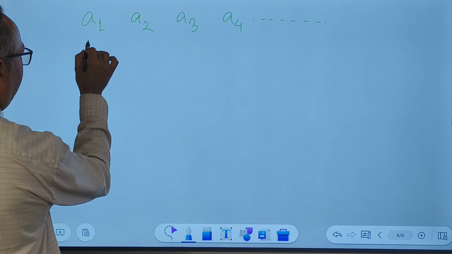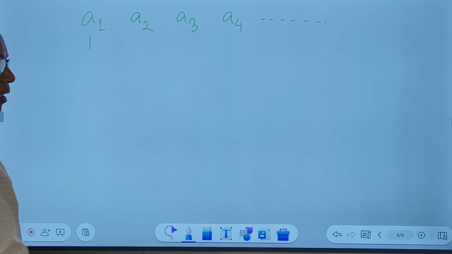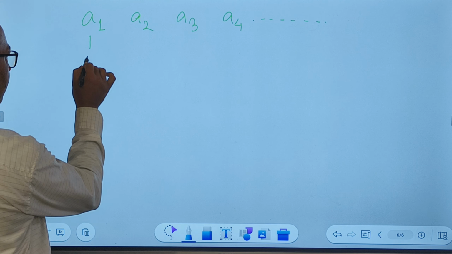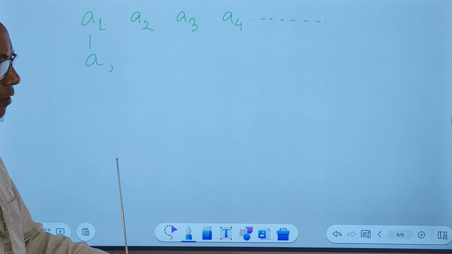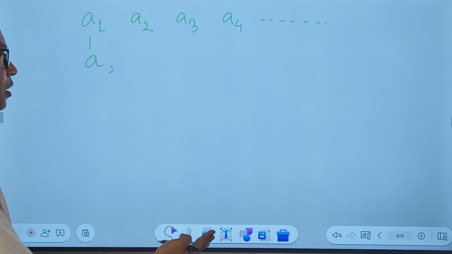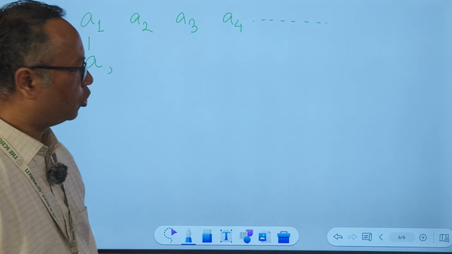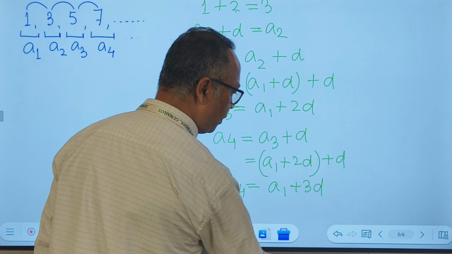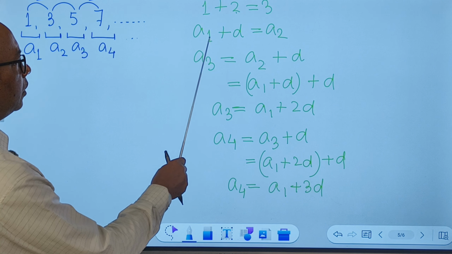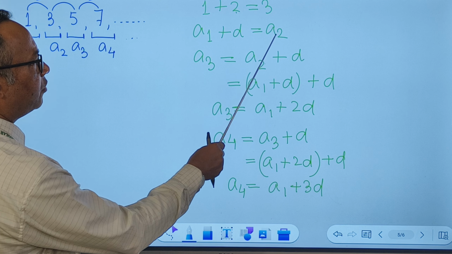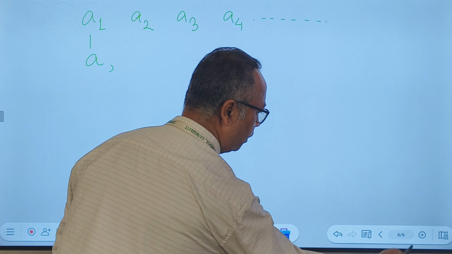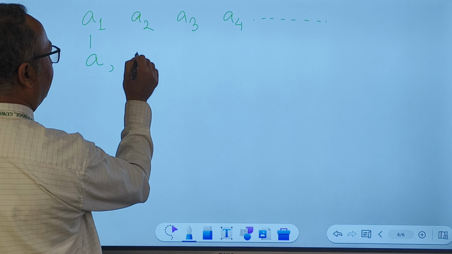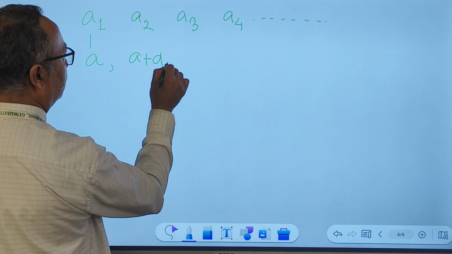The first number A1, we can write as A. A1 or A, it is the same. The second term A2 is A1 plus D, or in place of A1 we can write A plus D.